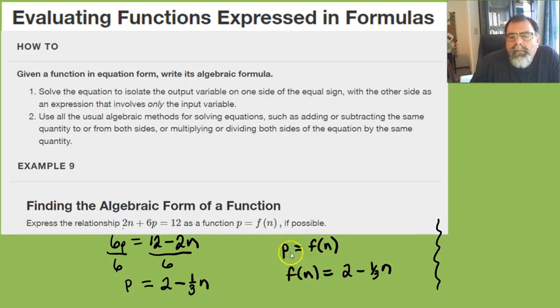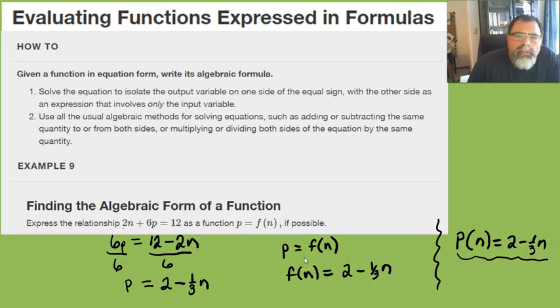Instead of writing p as a function of n, we can just use p for f. So we could even call this p as a function of n, 2 minus 1/3 n. This is the way I normally would do it. This book likes to use f, g, h as the standard for function notation, but this is really common in a lot of other books. So you might see something like this.